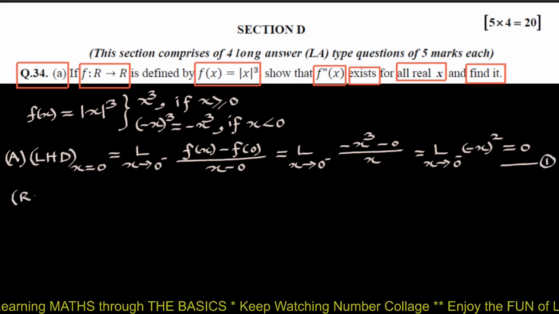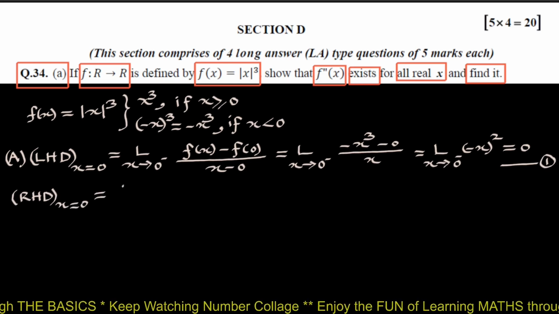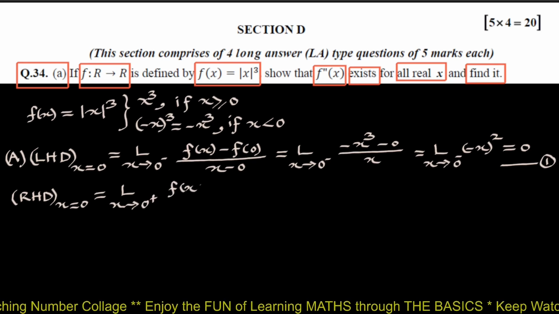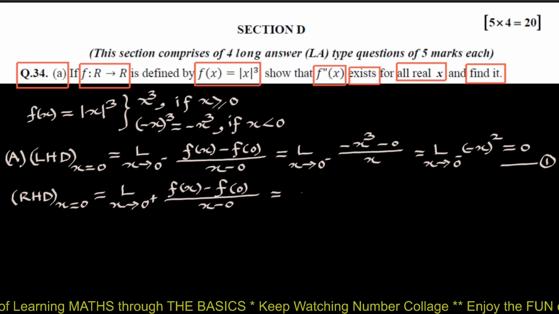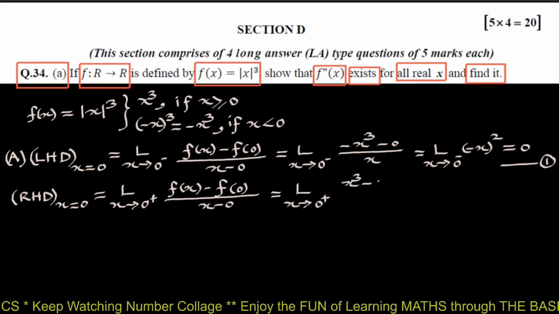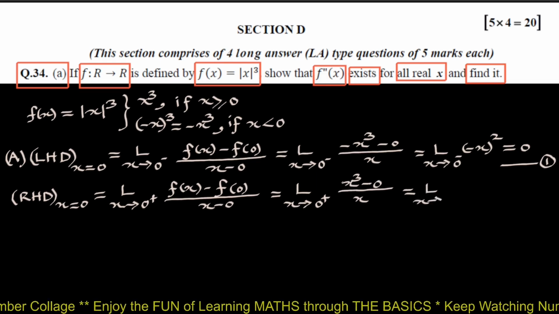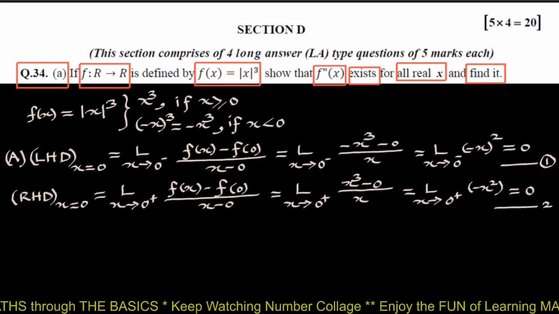Next we find the right hand derivative at x equals 0, which will be limit as x tends to 0 positive of f(x) minus f(0) upon x minus 0, which will be the right hand limit of x cube minus 0 upon x, that will be the right hand limit of x square, which is 0. We name this 2.